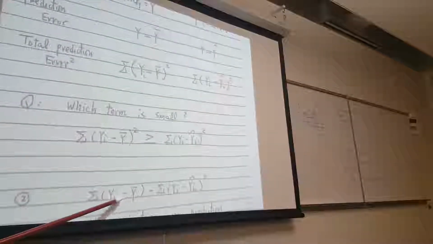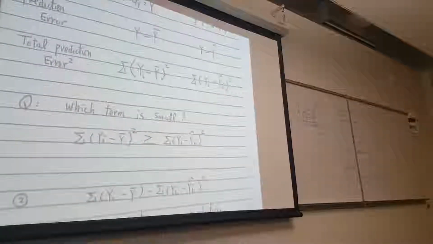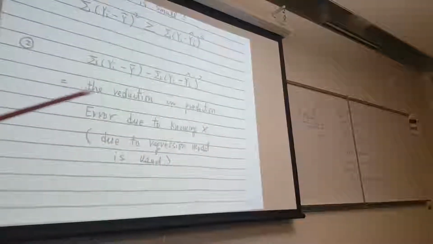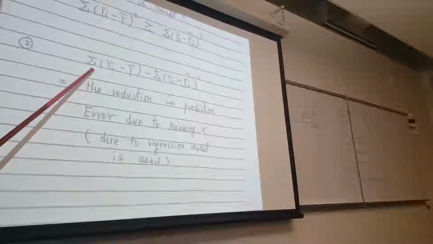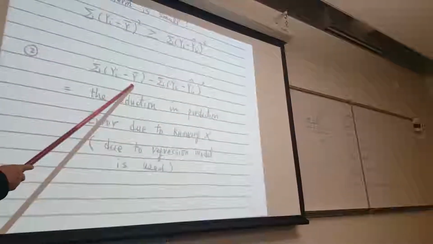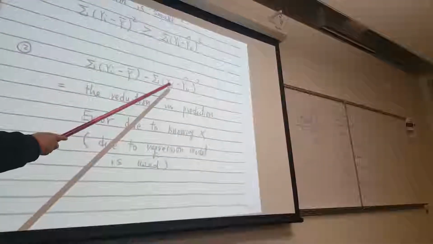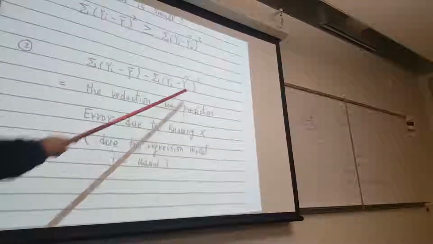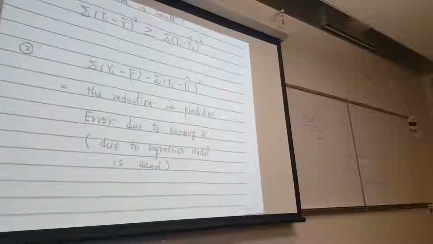So based on that observation, let's look at the second point. Summation of yi minus y bar squared, minus summation of yi minus yi hat squared. We say this is smaller, so the difference should be what?